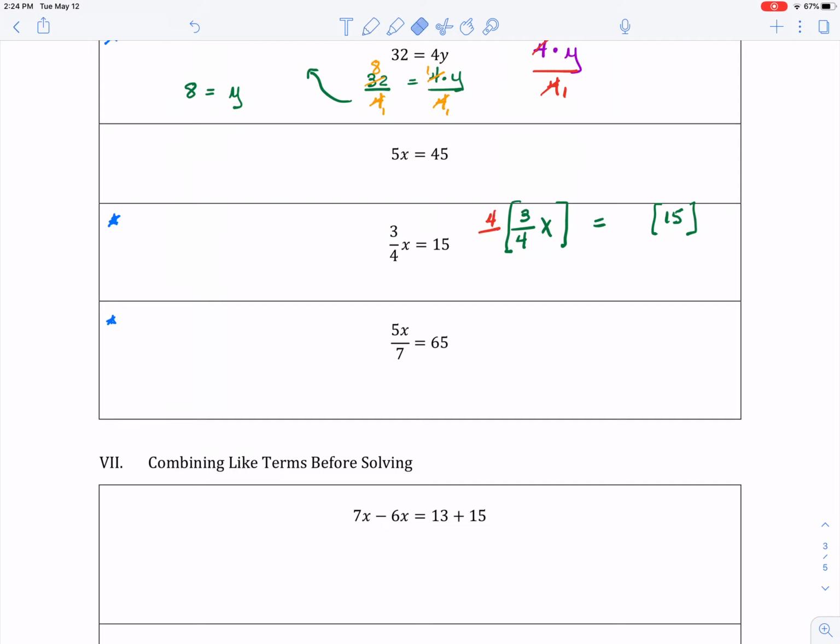I'm going to multiply by the reciprocal of 3/4, which is 4/3. And again, notice I'm balancing the equation by multiplying the right-hand side also by 4/3.